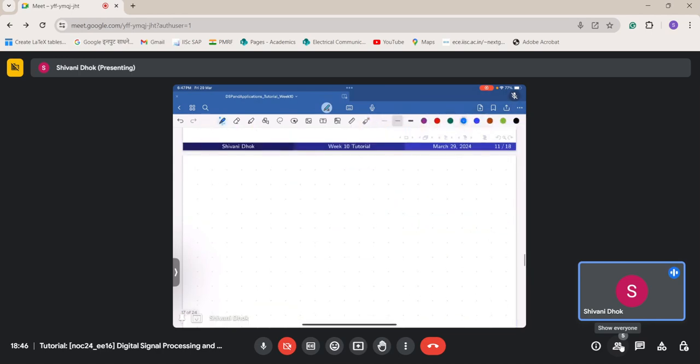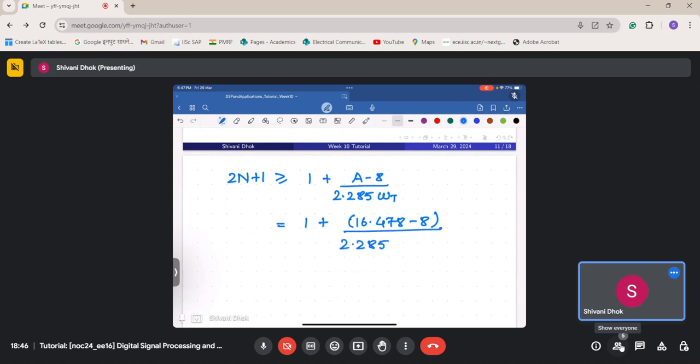So the equation that we are having is 2n plus 1 should be greater than or equal to 1 plus A minus 8 upon 2.285 omega t. So this is equal to 1 plus the value of A we had obtained was 16.478 minus 8 upon 2.285 multiplied by 0.024 into pi.